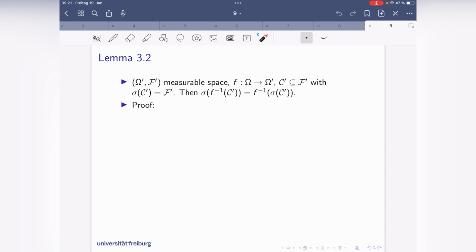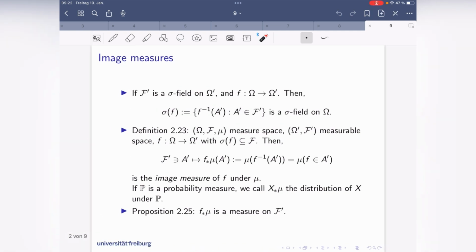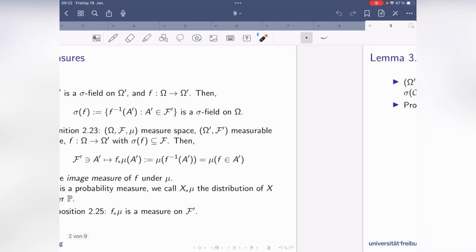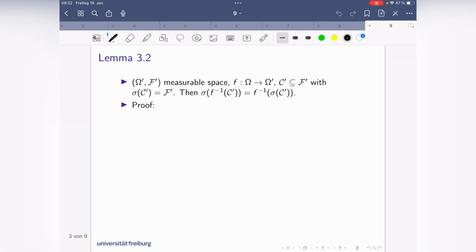Then, okay, what's this here? That's f to the minus 1 of F'. Because sigma of C' is F', and f to the minus 1 of F', well, that's essentially sigma of f. So this here is sigma of f.